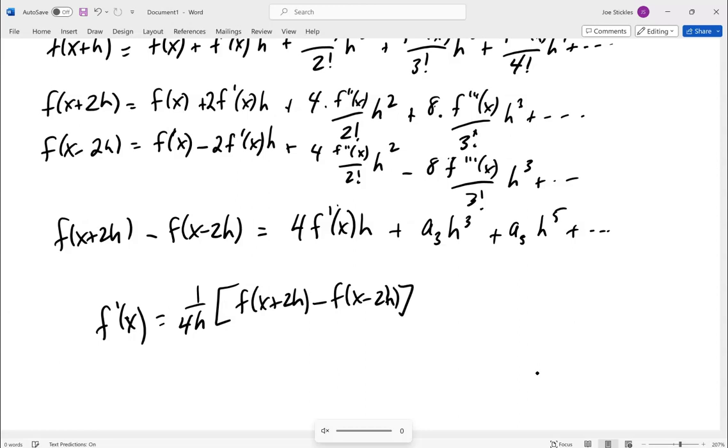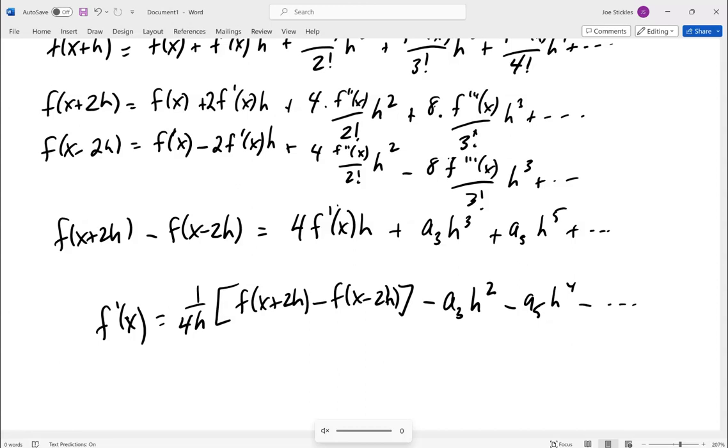And then we'd have a bunch of things with minus signs: a minus a3h squared, an a5h to the fourth, and so on. The signs are all flipped because we moved it to the other side. Here's our formula in terms of our original function, and what's left on the end has all of these powers of h in it. So if we truncate, if we just drop off the end, there's our error term.